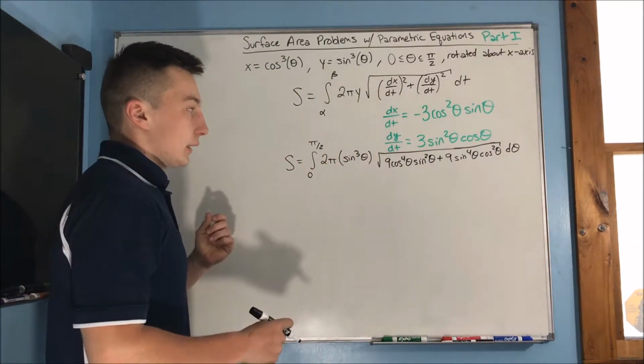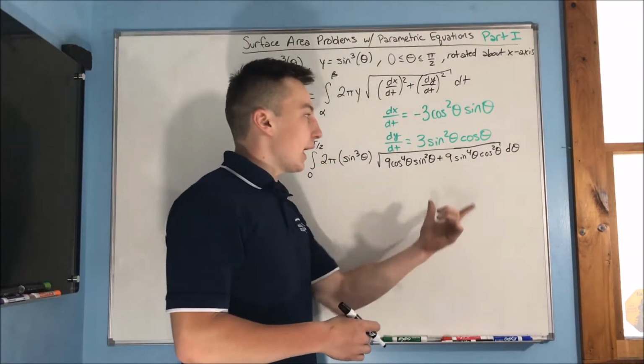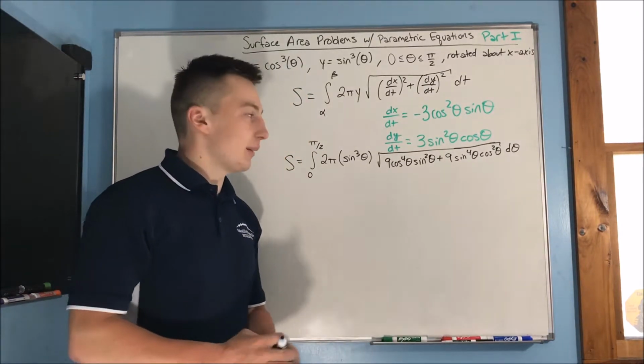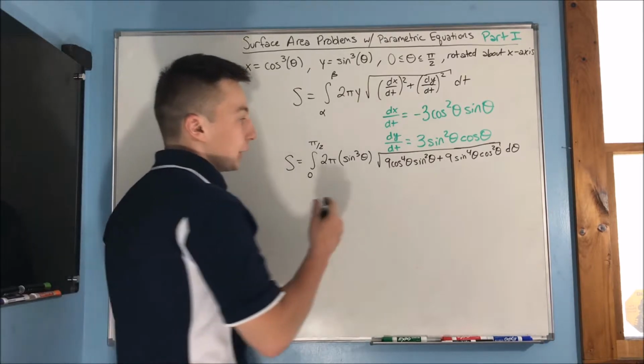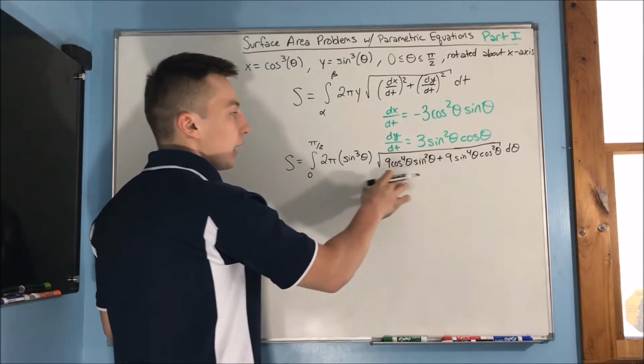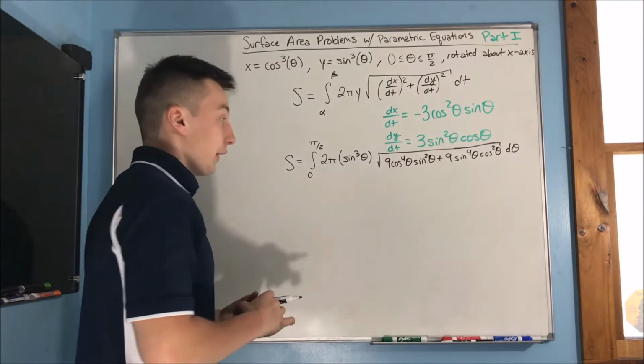Alright, and what can we do with this now? I mean, this has got to get simplified somehow, right? There's got to be somehow we can get like a sine squared plus cosine squared or something. Well, there actually is, and we can factor out a 9 and a cosine squared sine squared to figure that out.